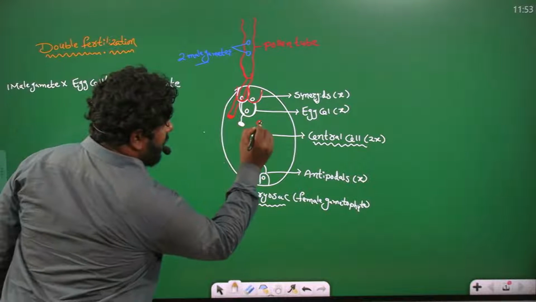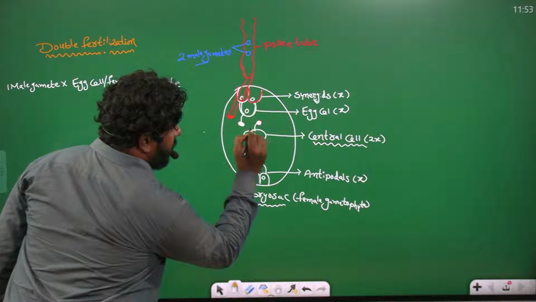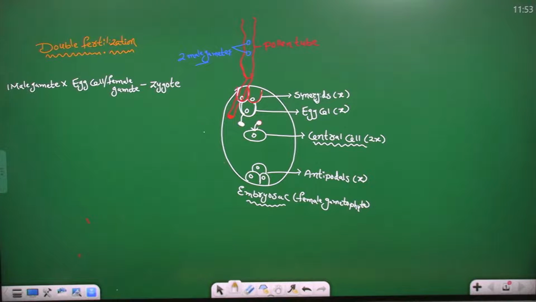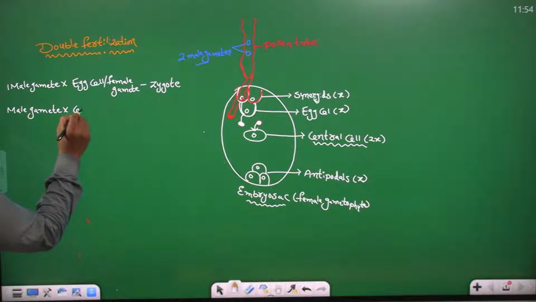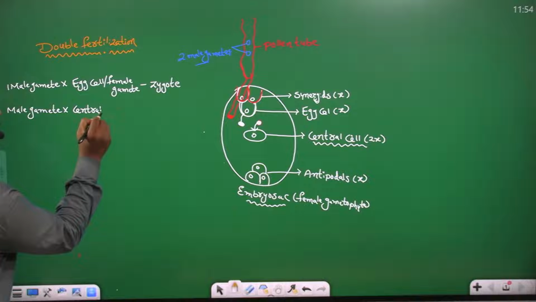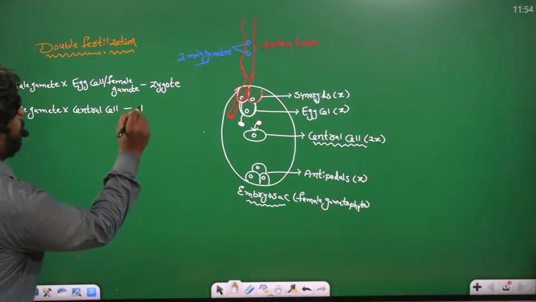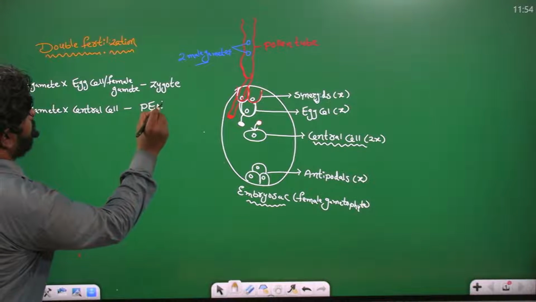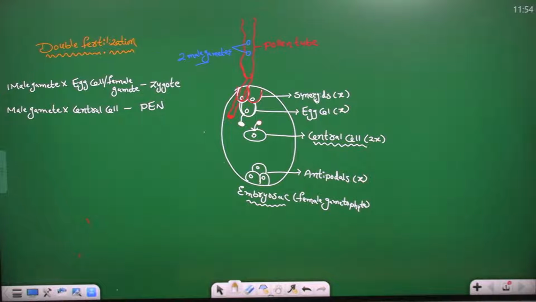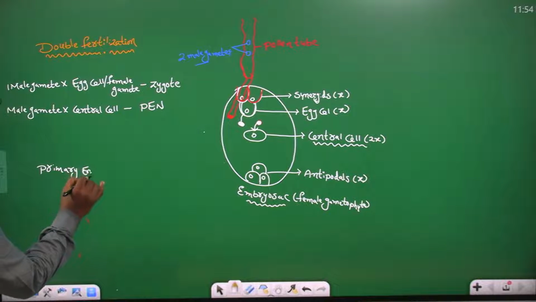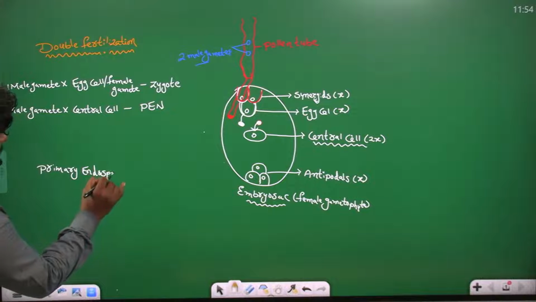And the second male gamete fertilizes the central cell to form the primary endosperm nucleus. PEN full form is primary endosperm nucleus.